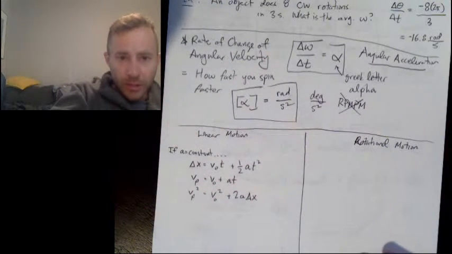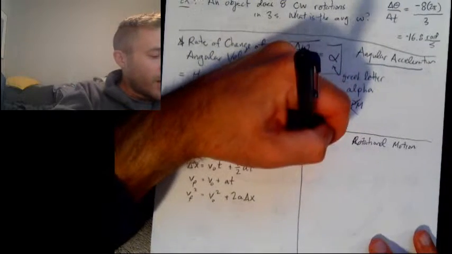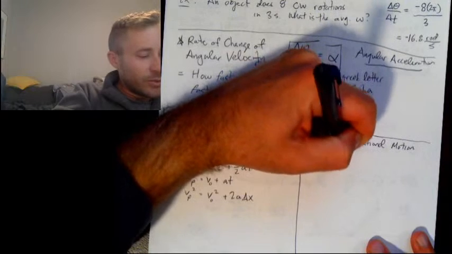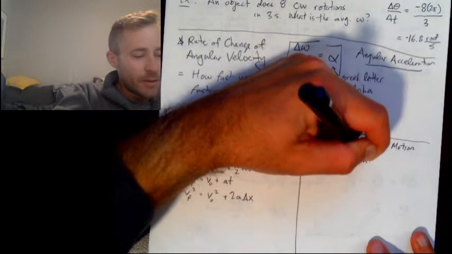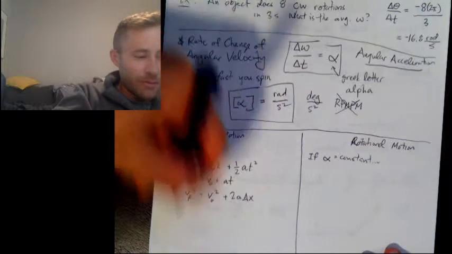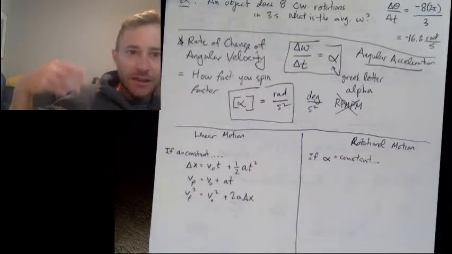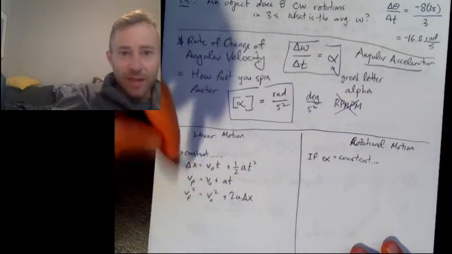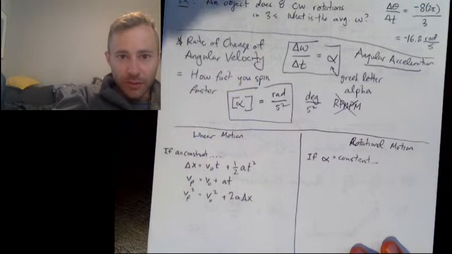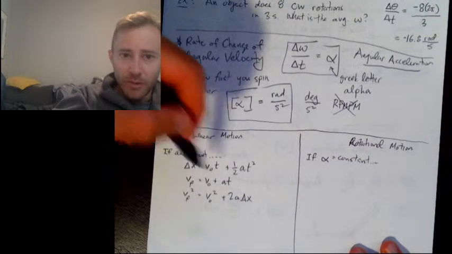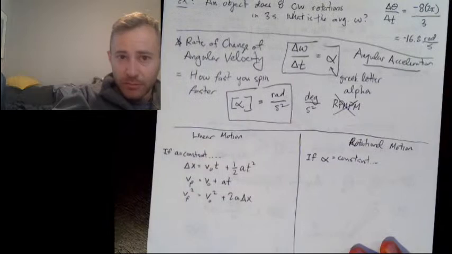In rotational motion, if alpha is equal to a constant, so the angular acceleration is constant, then we have three equations of angular kinematics, which are the exact same as these equations. The only difference is that we replace each variable by its angular version.